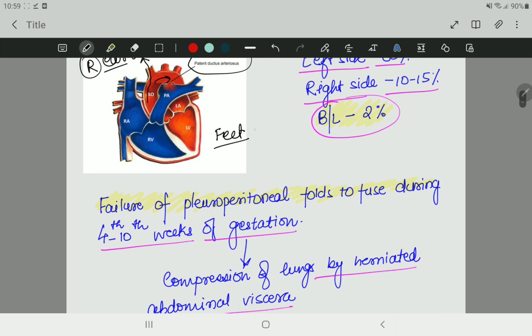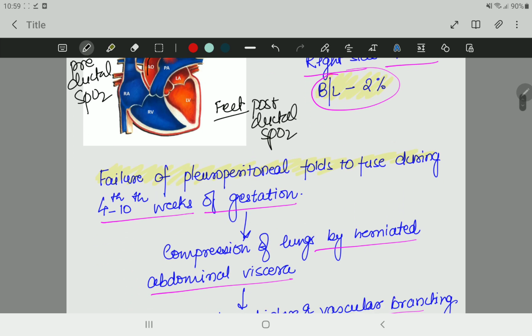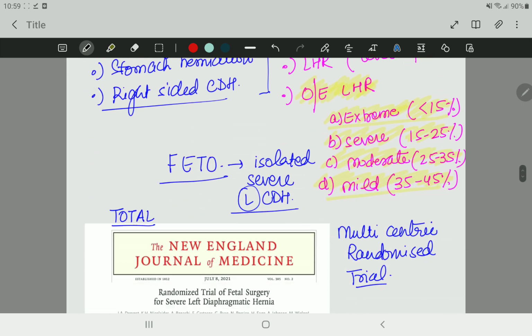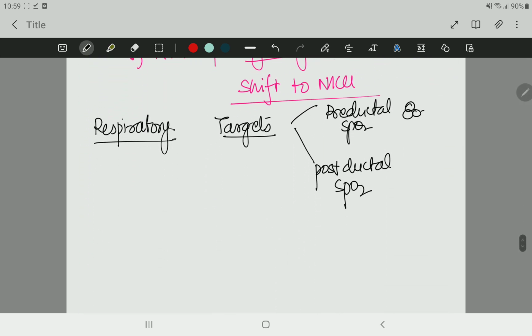That is postductal SpO2 and that is preductal SpO2. The value of preductal SpO2 should be around 80 to 95%, postductal should be more than 70%, and PaCO2 should be 50 to 70 mmHg.